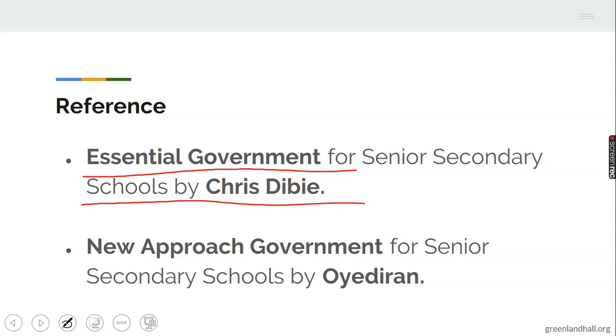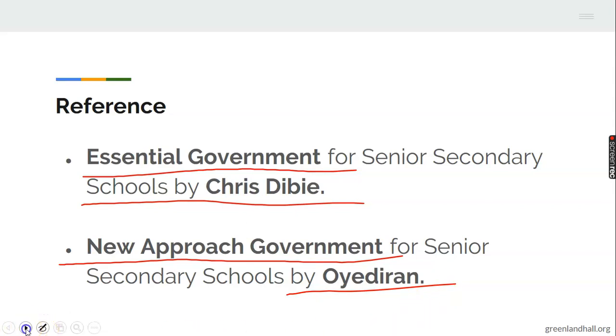And the second one, New Approach Government for Secondary Schools by Oyedero. If you can lay your hands on these two books, they are very good for your further study.